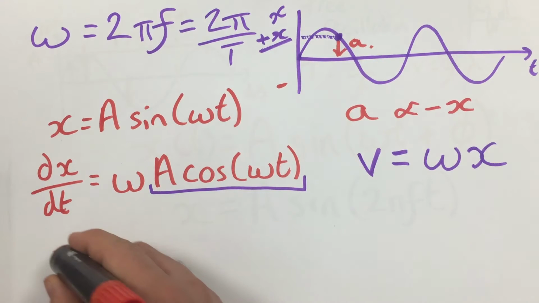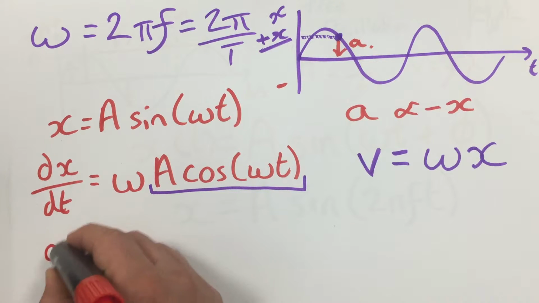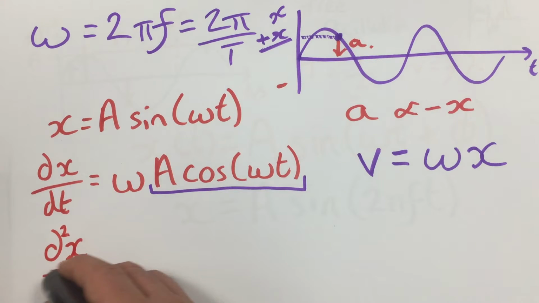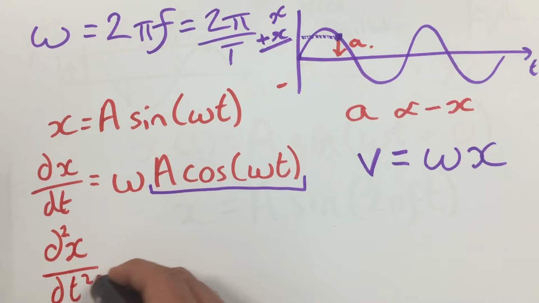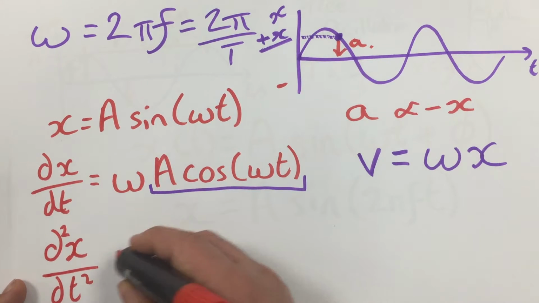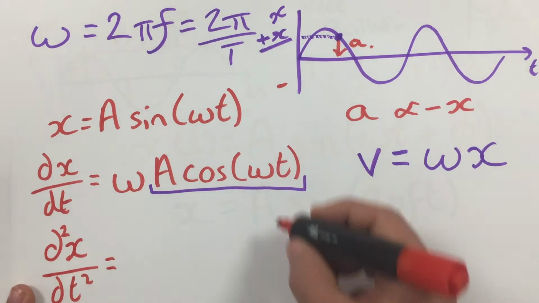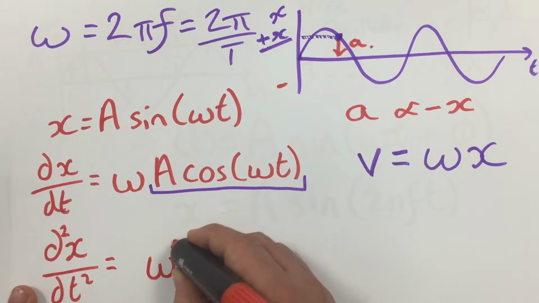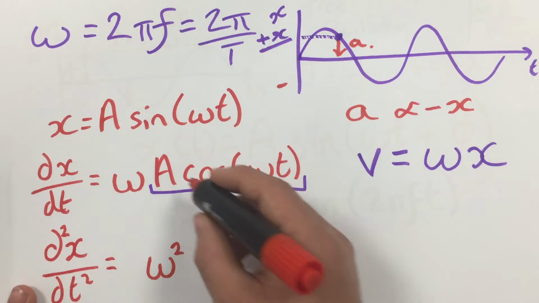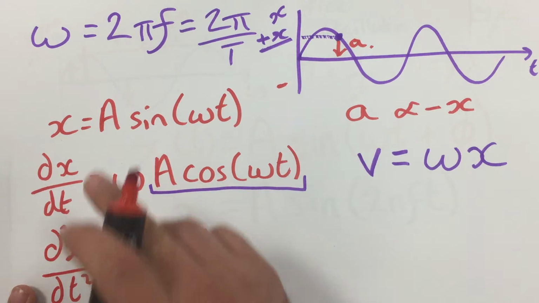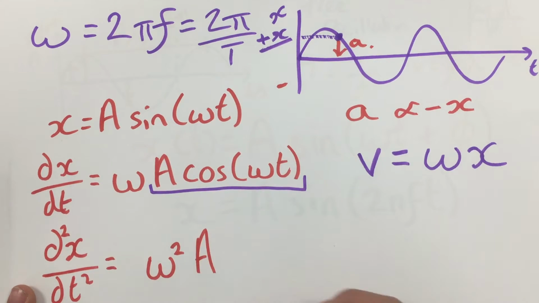So if we differentiate this again, so we do d squared x by dt squared. So I've differentiated x with respect to time twice. The same pattern happens again. So omega is taken out, so I then get omega squared. The A is still a constant, so that stays. Obviously the previous omega is a constant now, so that stays. So it's just taking this out and adding it to that.